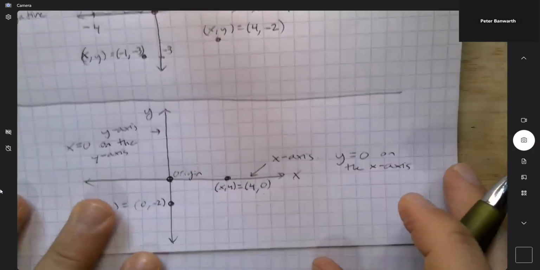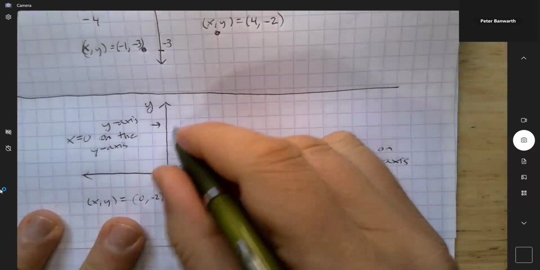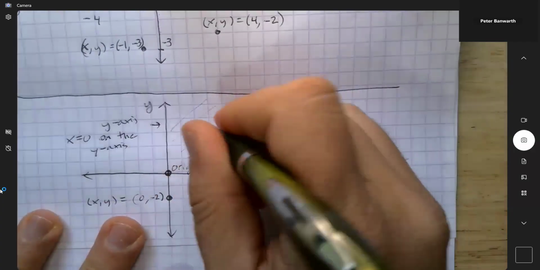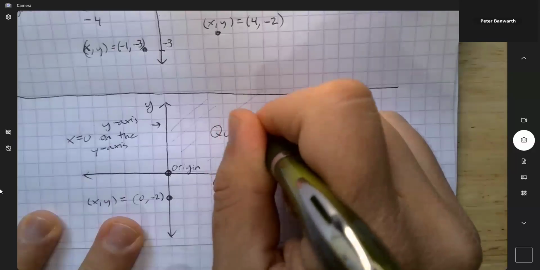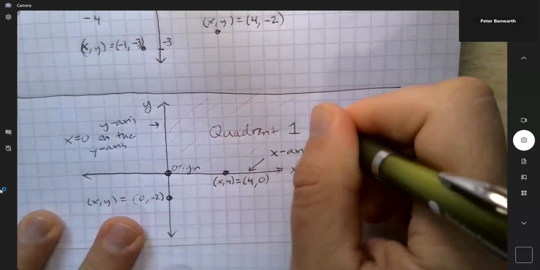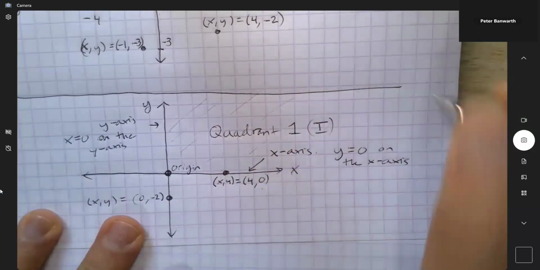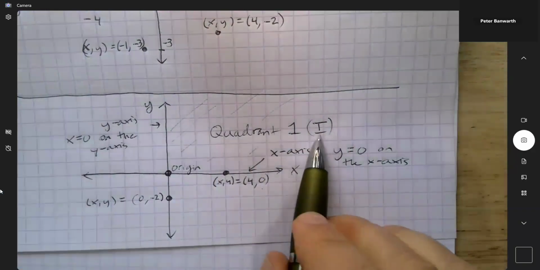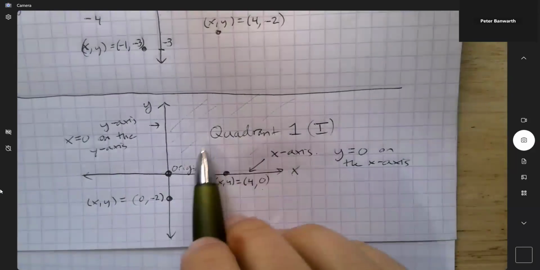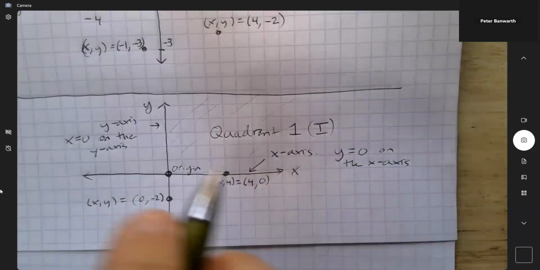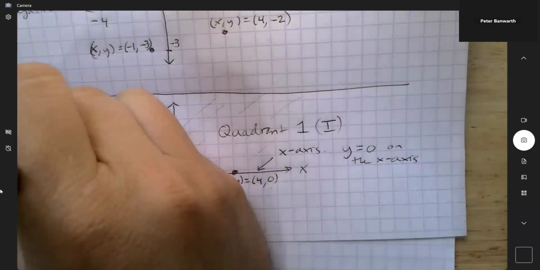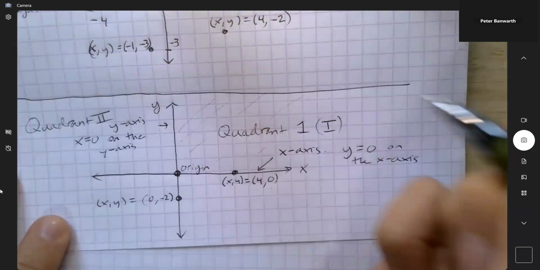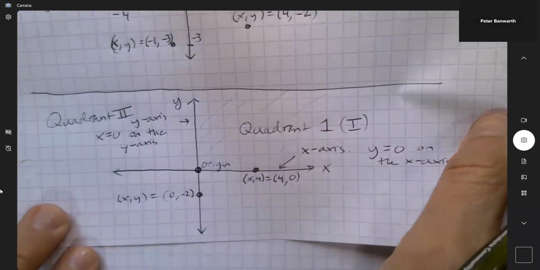All right, I'm going to squeeze some more into this picture. This whole part of the plane is called quadrant 1, and we usually use the Roman numeral capital I. Quadrant 1 is the upper right. The upper left is quadrant 2, with the Roman numeral II.